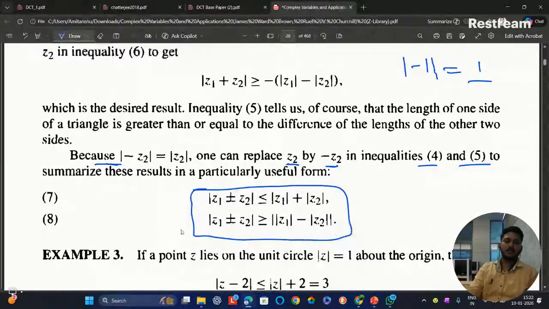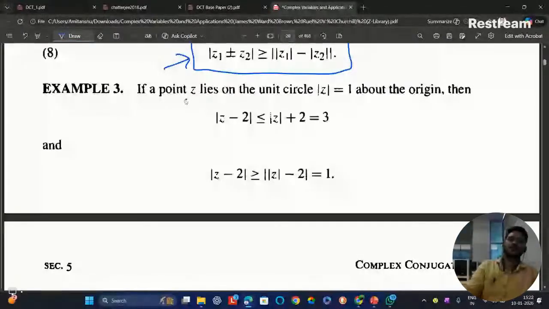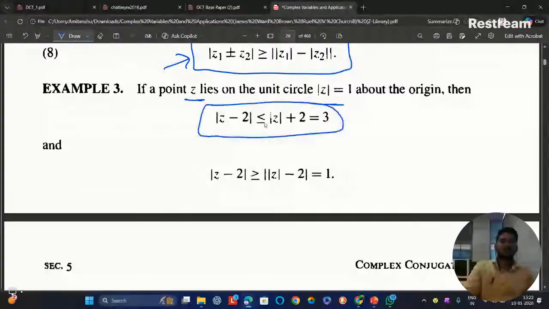Okay. Hopefully you understand. Then come to the next example. Here is some more example. The point lies on a circle about the origin, so Z1 minus Z2, where the radius is a unit. Take here Z minus 2, and the modulus when you put 1 it comes to 3.